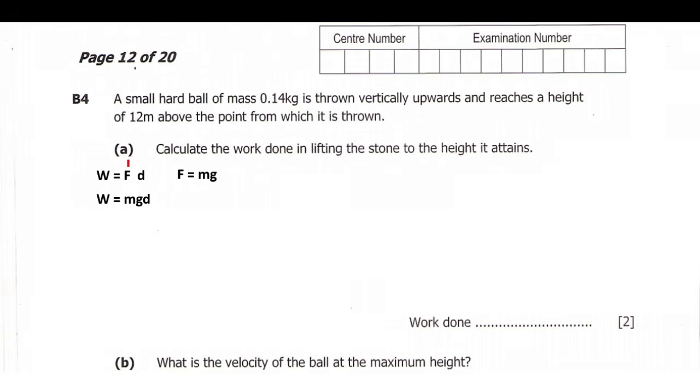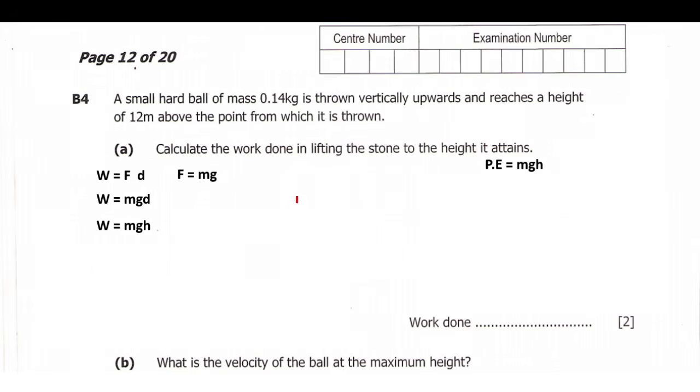Where there is a force here, we will put mg, and d we will put back here. And then since this distance here is height, we can also replace this d with height, because height is also distance. So when we replace with height, you discover that this formula for calculating work is similar to the formula for calculating potential energy.